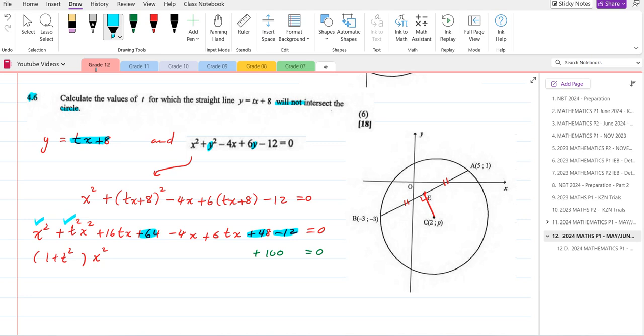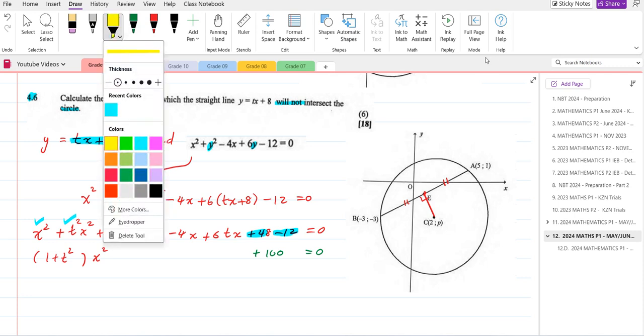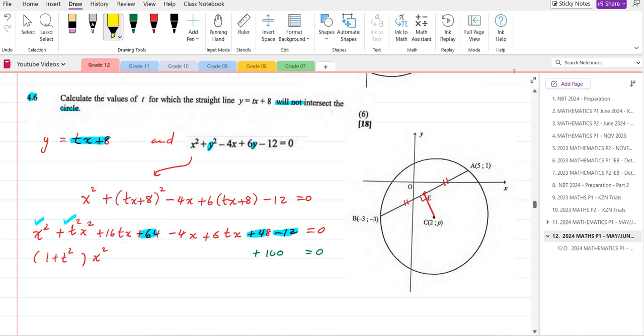Next, I need to look at the tx. What am I left with? I'm left with the 16tx and the 6tx. Right, so 16tx and 6tx, that is 22tx. Alright, I can take out x as a common factor.